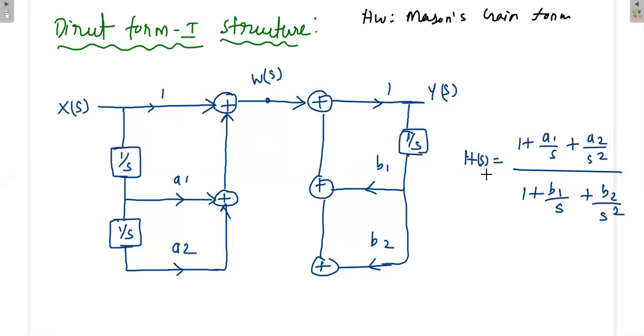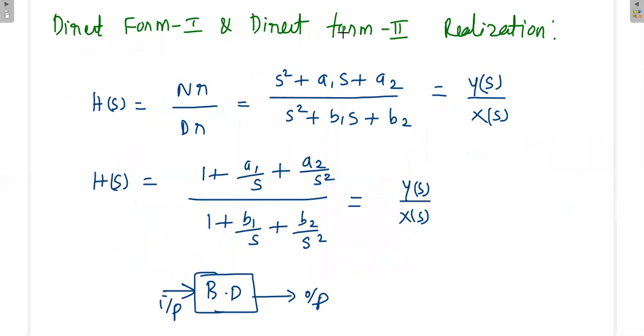You know that Mason's gain formula is the addition of forward path gains in the numerator divided by 1 plus loop gains, individual loop gains, two non-touching loops, three non-touching loops, like that. Then finally try to get this H(s). You may not be getting it in this format, but you may be getting it in this format. That's okay, any one of the formats.